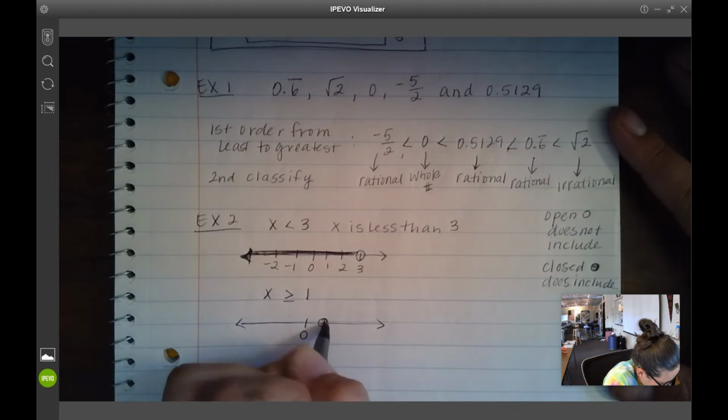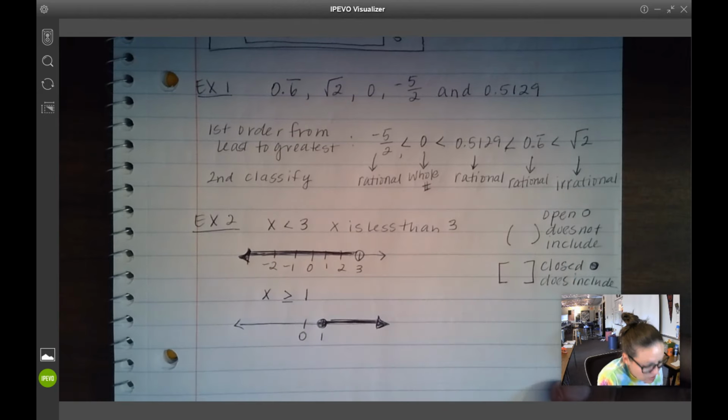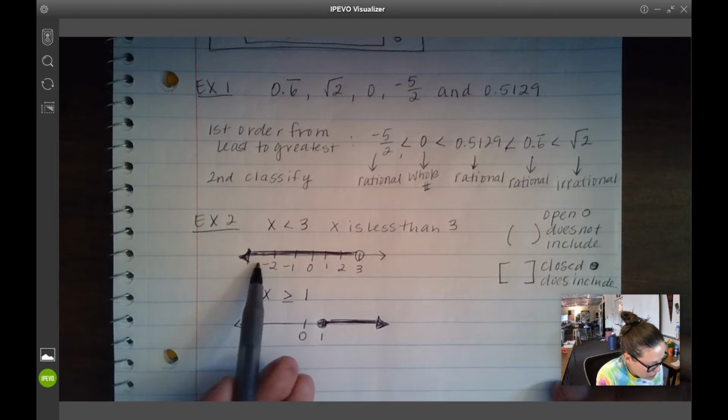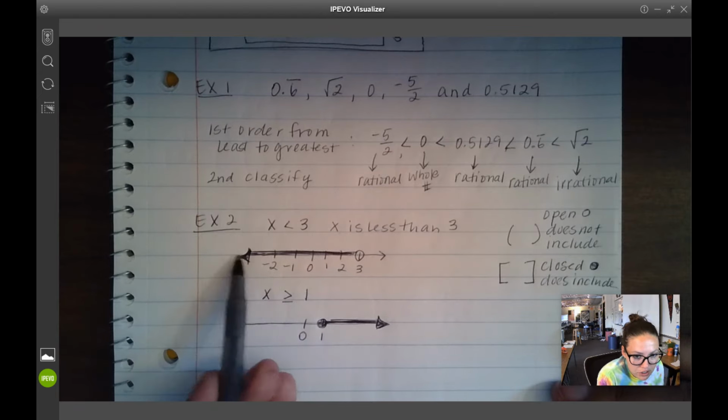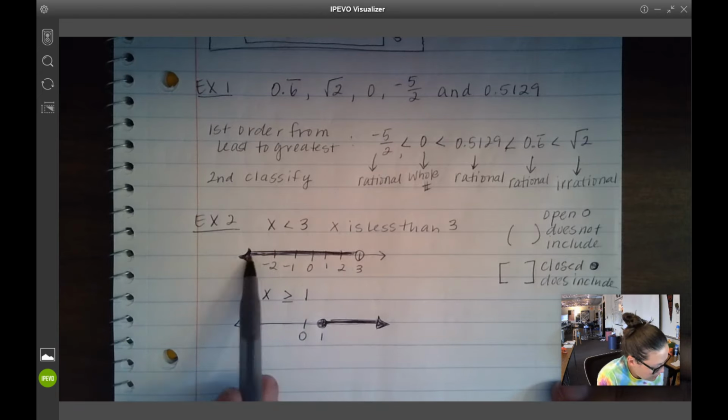Now we are going to talk about interval notation. When it does not include a number, you use parentheses. And when it does include the number, you use the square brackets. If you look at what's shaded for the first graph, it keeps going forever to the left to negative infinity, and then goes all the way up till I get to 3.